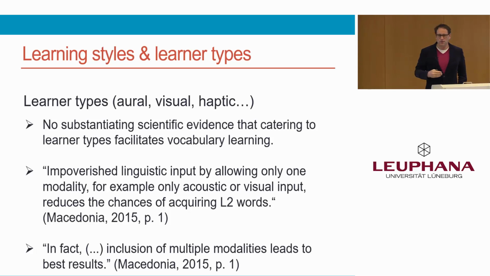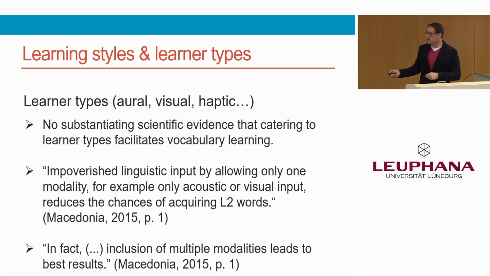It seems as though there's no conclusive evidence that learner types actually profit from being catered to. So what Macedonia says here is that if you impoverish your L2 input by only using one channel, be it auditive or visual or whatever, then possibly this reduces the chances of learning specific L2 words.